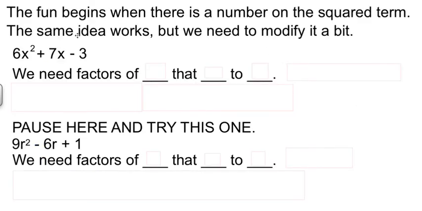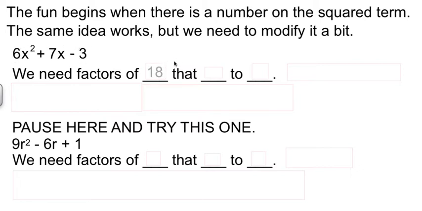Now when it gets really fun is when there's a number here that's not 1. It still works the same kind of way, we just have to tweak our strategy just a little bit. So instead of saying we need factors of 3, we're going to multiply the 3 and the 6 together.